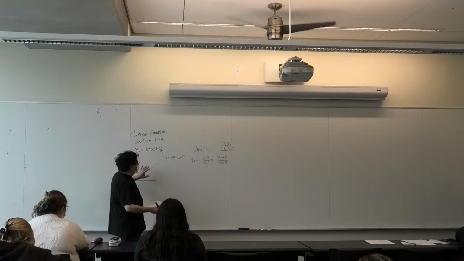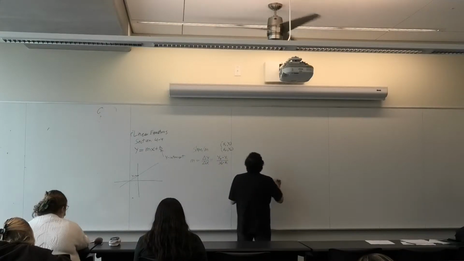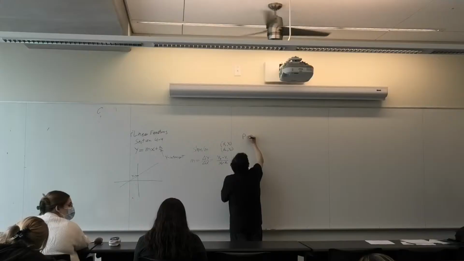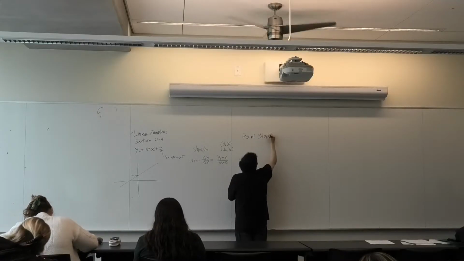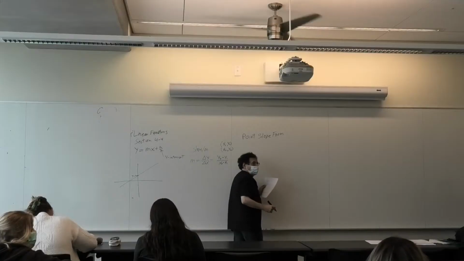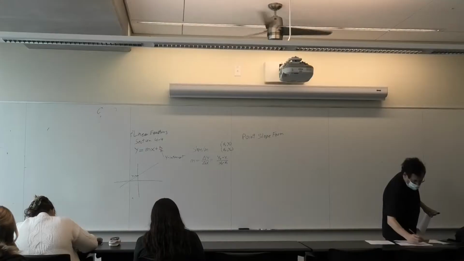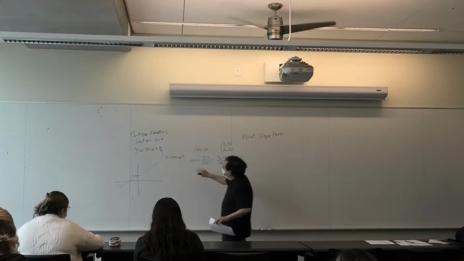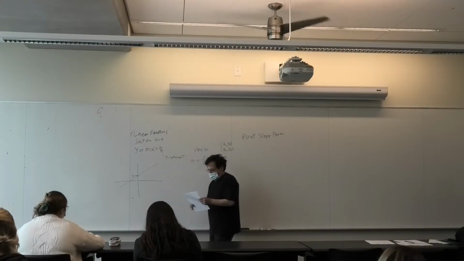Okay, so that's where we started from. And what I wanted to show you, and again, I think I did a terrible job, was point slope form, which is a different form for a linear equation, different from y equals mx plus b.